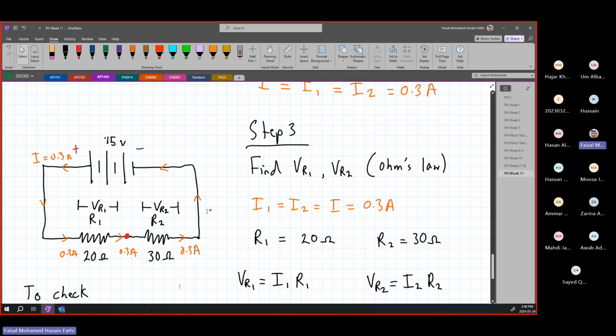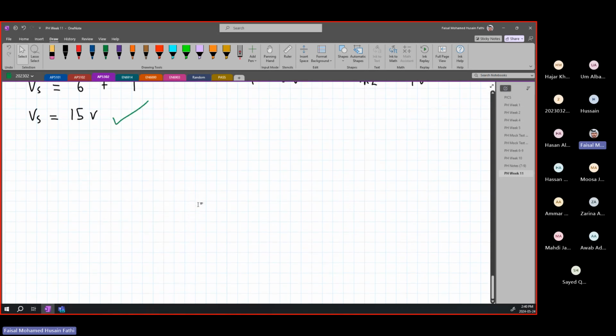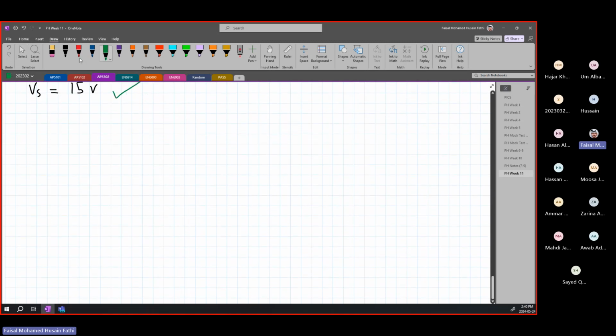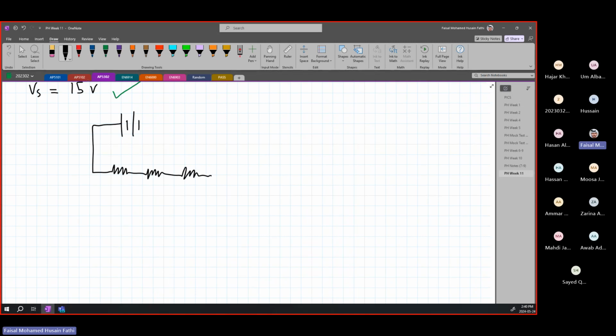All right. In the case where we have more than 2 resistors in series, so for example, let's say we have something like this, and we have 1 resistor here, 2 resistors here, 3 resistors here. Okay, so R1, R2, R3. Again, the same ideas will apply.